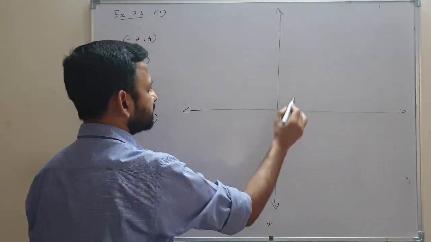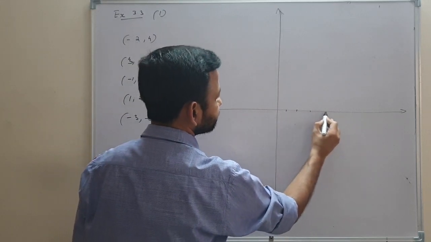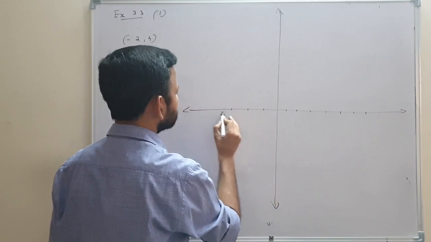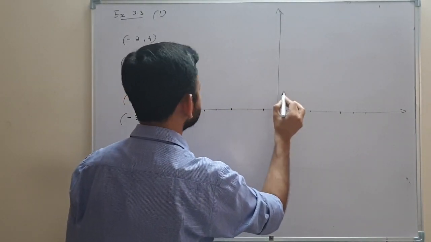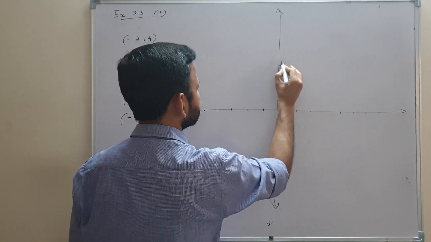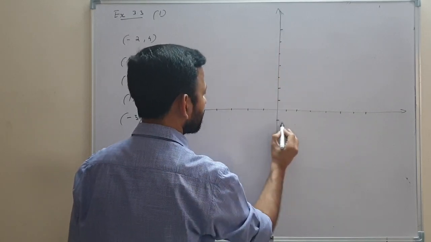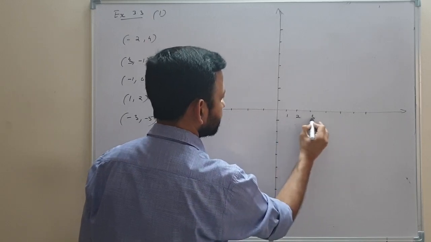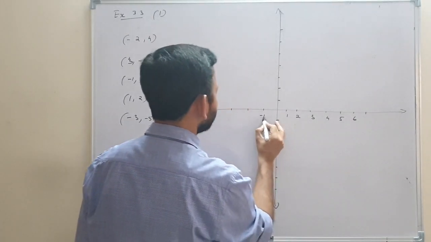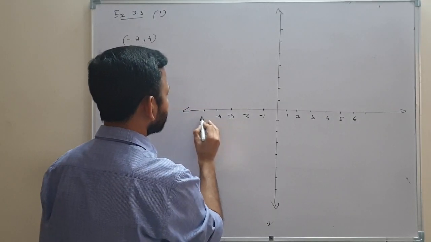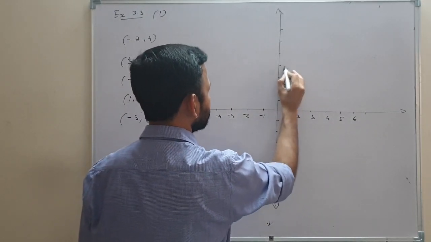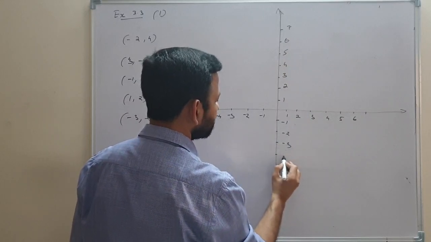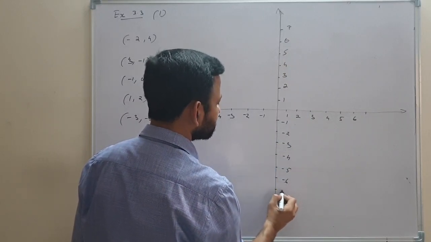So here there is no need to change the scale. 1, 2, 3, 4, 5, 6, minus 1, minus 2, minus 3, minus 4, minus 5, and 1, 2, 3, 4, 5, 6, 7, minus 1, minus 2, minus 3, minus 4, minus 5, minus 6, minus 7.